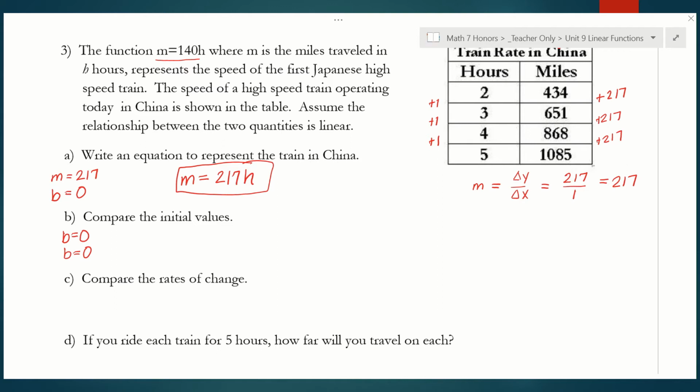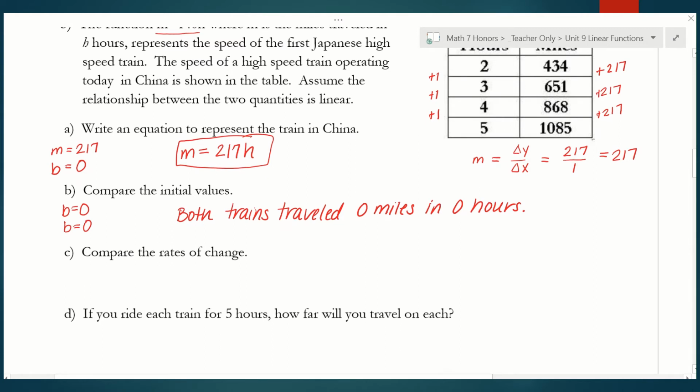Well, that makes sense, doesn't it? Both trains traveled 0 miles in 0 hours. So it seems pretty obvious. If they haven't traveled for any amount of time, then they haven't traveled any mileage.